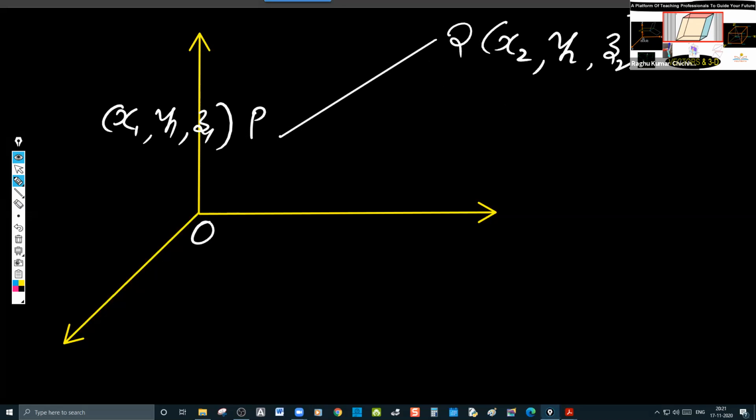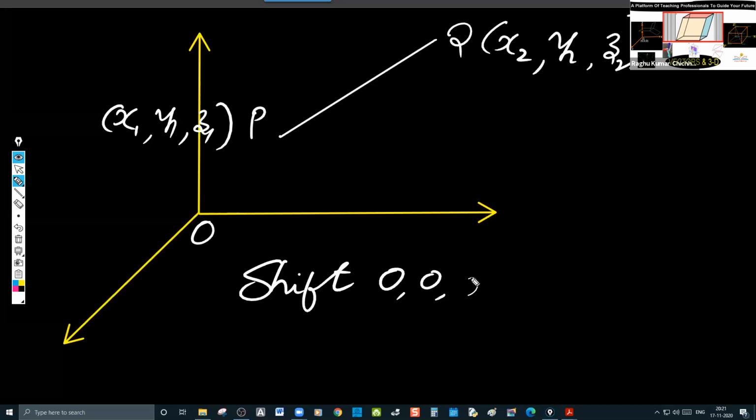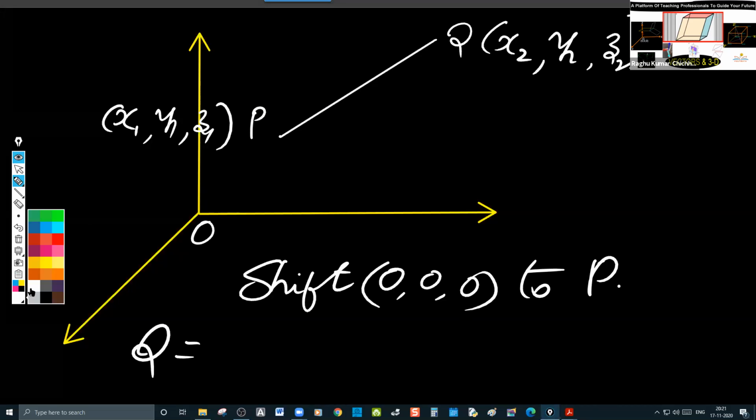Now, very simple. Listen to me carefully. Shift origin to P, that's it. Then what will be Q? Let me remind you that original point is equal to new point plus new origin.